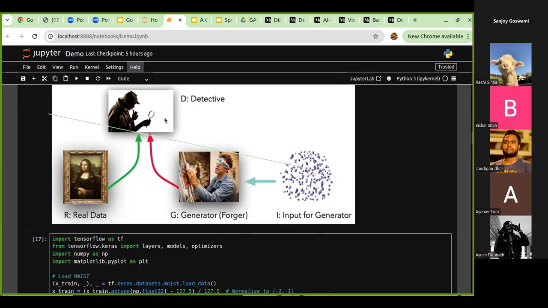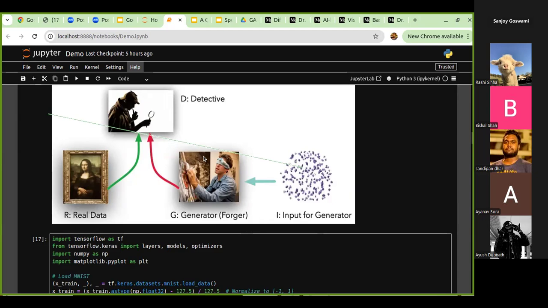So it keeps on trying to minimize this error, whereas the generator keeps on trying to maximize its accuracy of replicating the real-like image of the Mona Lisa, such that for the detective it becomes indistinguishable.